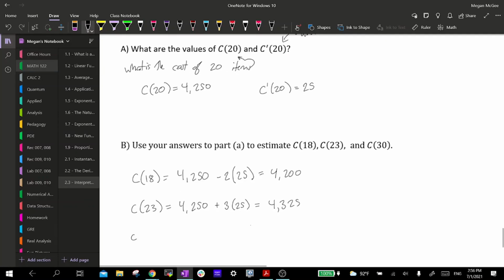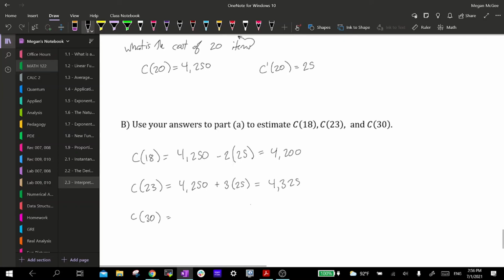And then lastly, the cost of 30 items. Again we're starting at 4,250, and now we're increasing by 10 times 25, so we'll end up with 4,500.